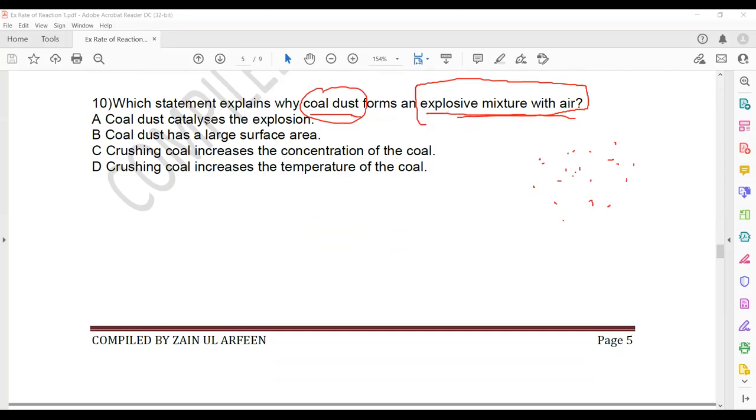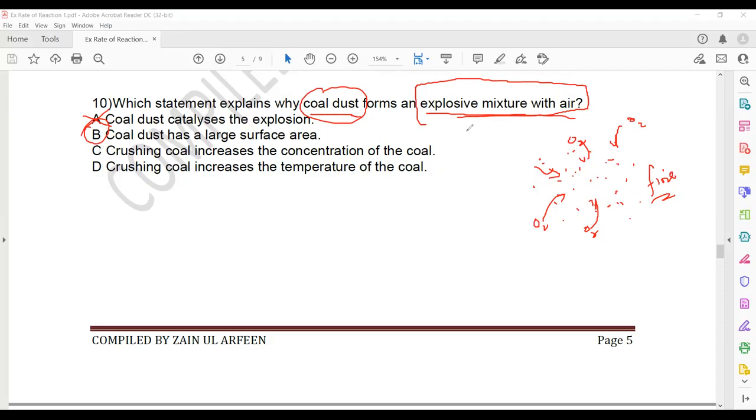So when we check the option coal dust catalyzes, it's not a catalyst. Coal dust has a large surface area because the particles of the coal dust are very fine. When the particles are fine, they will have large surface area, so they can easily react with oxygen, and it can have an explosive reaction or explosive mixture. That's why B is the right answer.